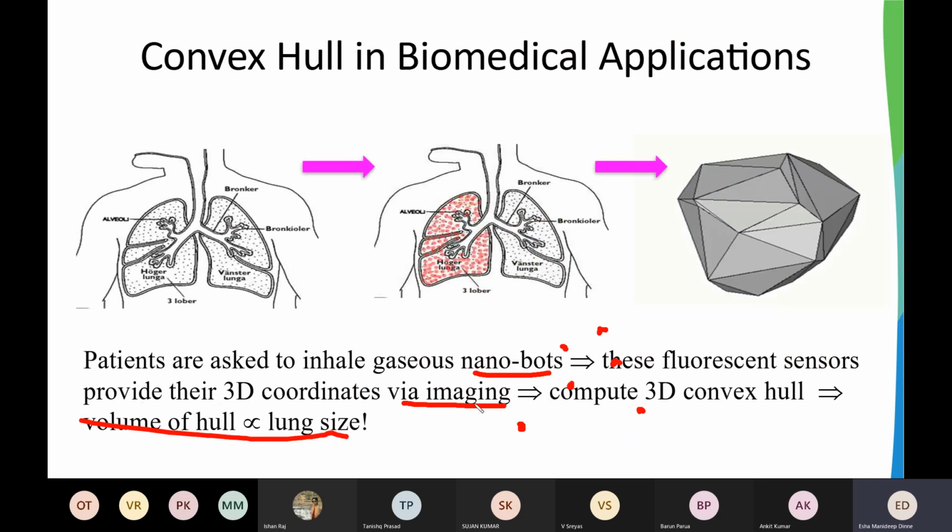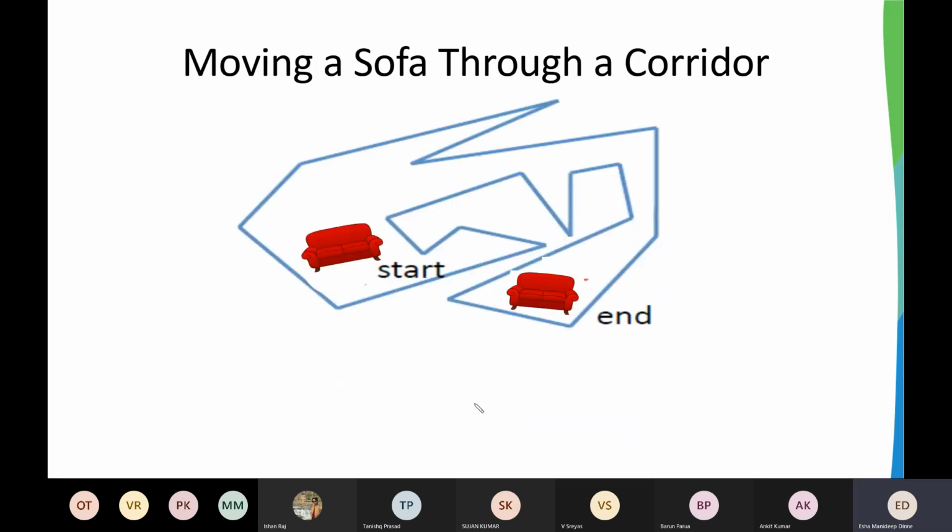Another use case: let's say you have a very weird room or path and you need to move your sofa from start to end. If you don't want to actually test it out, but rather simulate it on your computer, you want to see whether you can move the sofa from here to there.